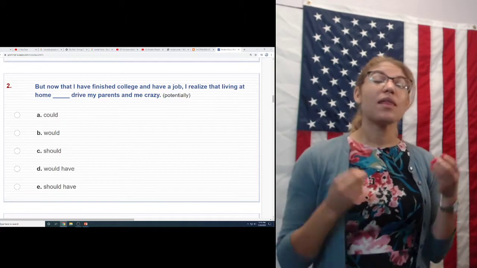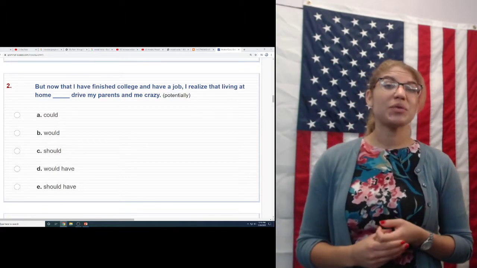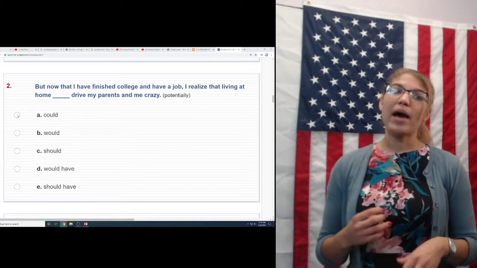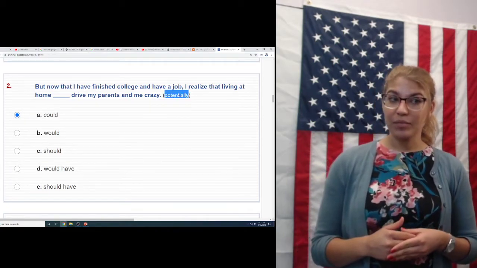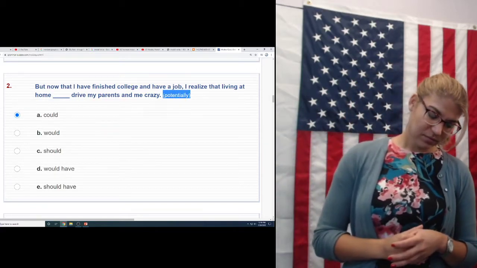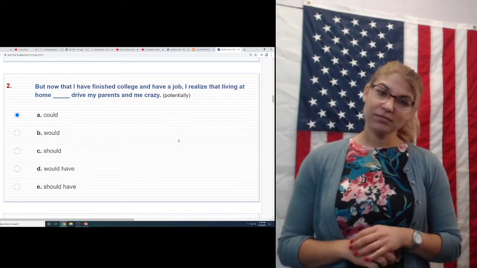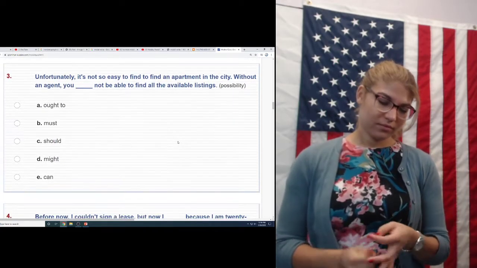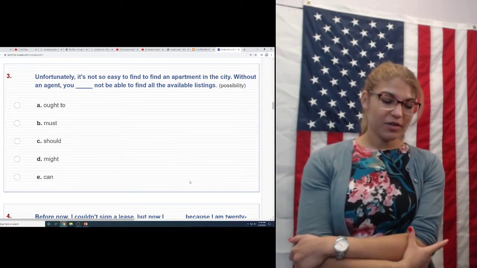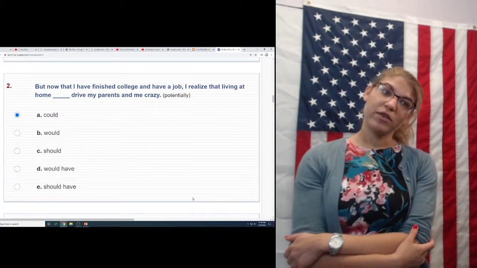Because of this, in this sentence, we will use the word could, because we're talking about a potential outcome or a potential situation. But now that I have finished university, we could have driven each other mad.